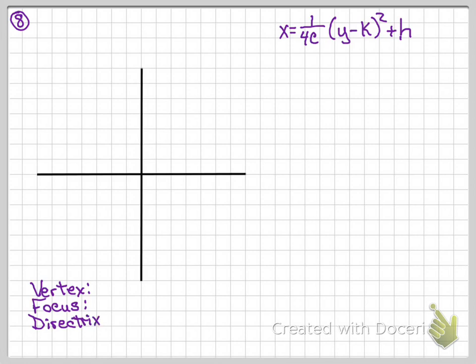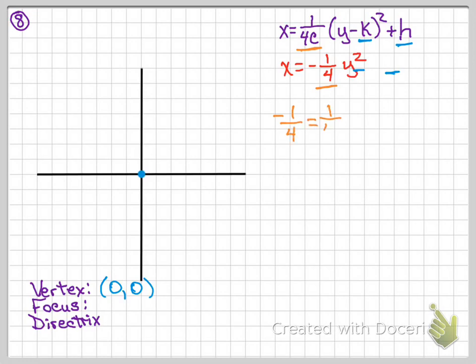Our equation is x equals -1/4 y squared. You will see that we don't have a k or an h, so our vertex is at the origin.